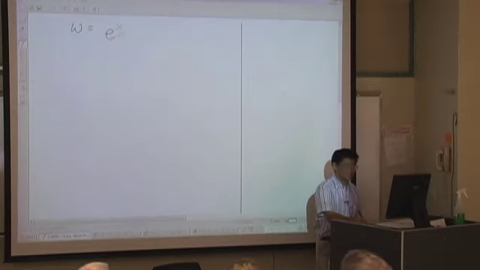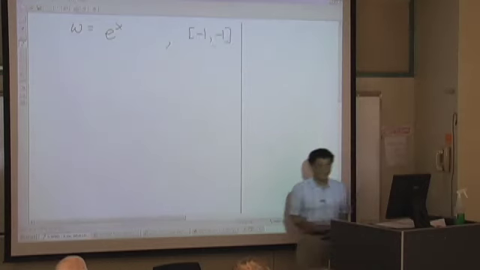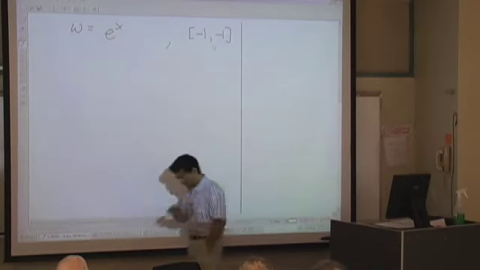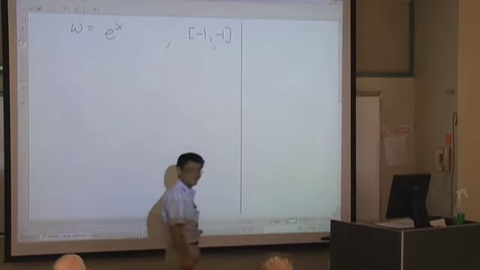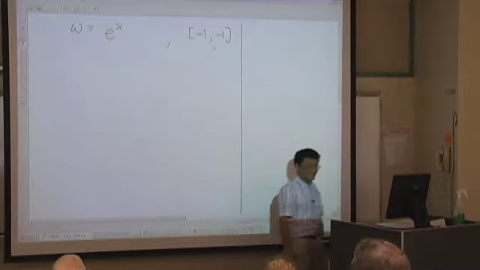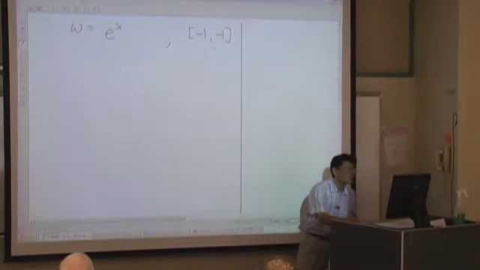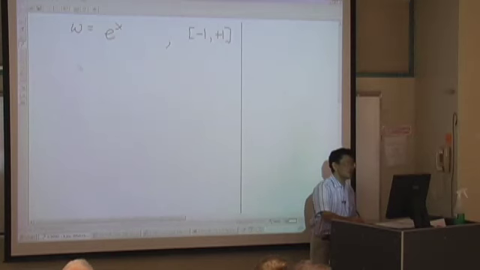E to the x instead of negative x, right? And then the interval, -1 to 0, -1 to 1, right? So I changed both so that you cannot imitate. Thank you. So let's do it.